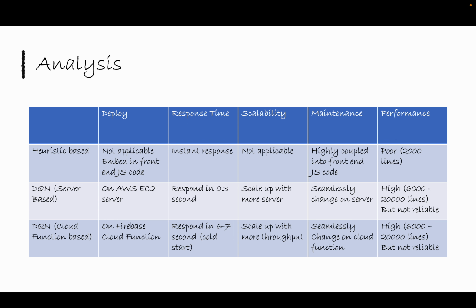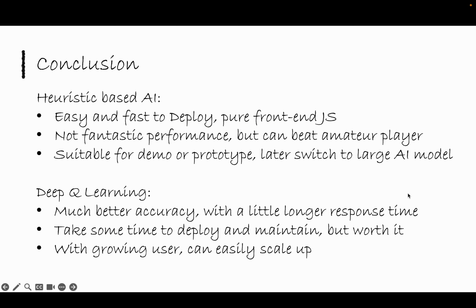It can sometimes reach like 20,000 lines. But the problem is, DQN is sometimes not reliable. For example, for some corner cases, some extreme game states, it terminates really quickly, like at 100 lines. So that's the drawback of this model.